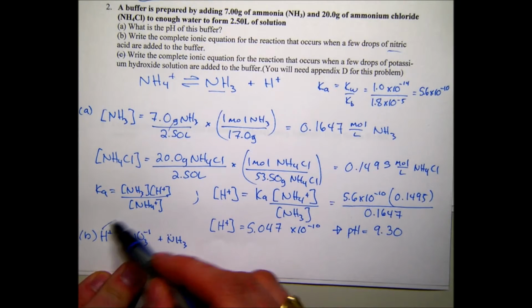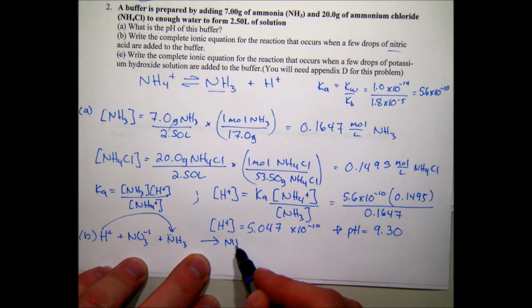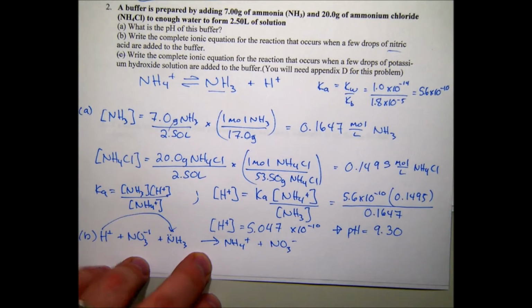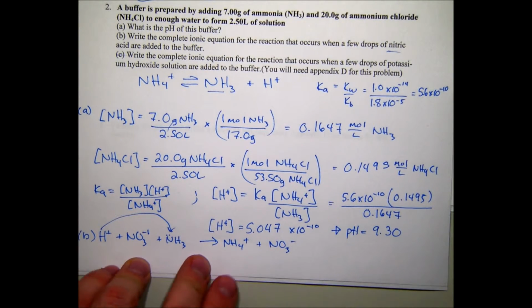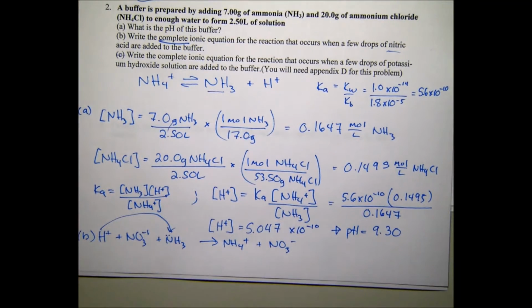The proton will attack those electrons, and we get NH4 plus and NO3 negative. And we're going to include nitrate, which is a spectator, because the question asks for the complete equation.